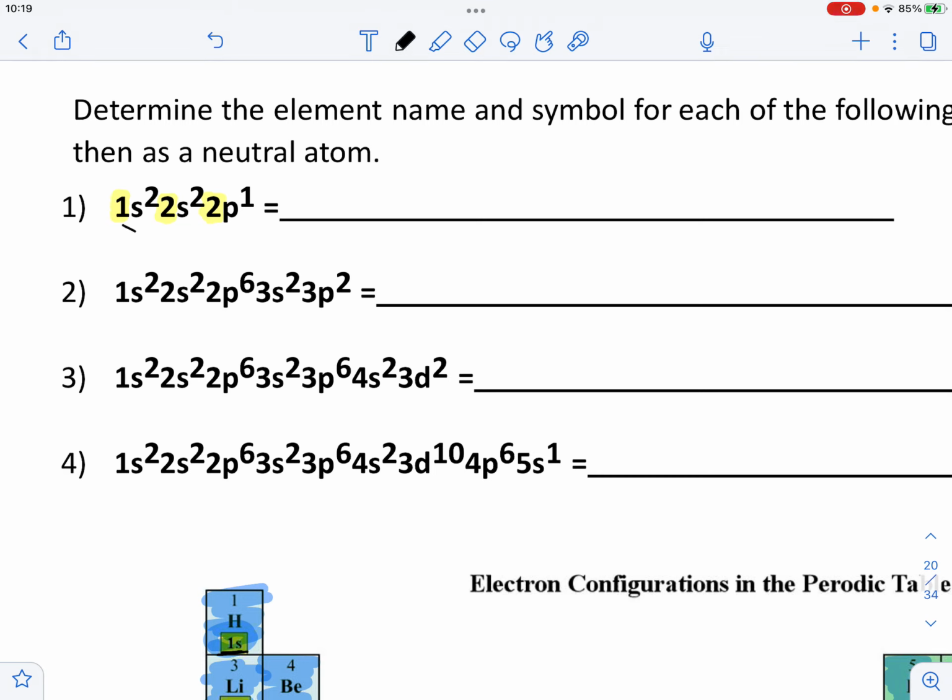In other words, the period of the periodic table that we're talking about. So this is the energy level for an electron, but also corresponds to the period that we are talking about.